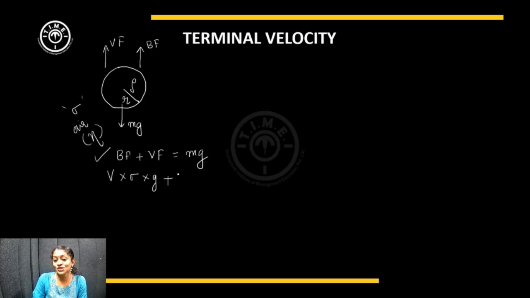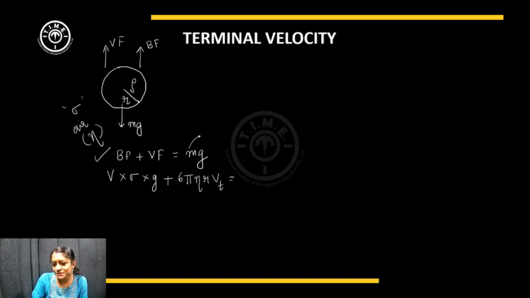Yes, according to Stokes law, we have the equation 6 pi eta r v, isn't it? Here eta is the coefficient of viscosity of the medium through which the sphere is falling, r is the radius of the sphere, and v is the constant velocity with which the sphere falls, and that is what you call terminal velocity, right? So we can give it as vt. And that is equal to mg.